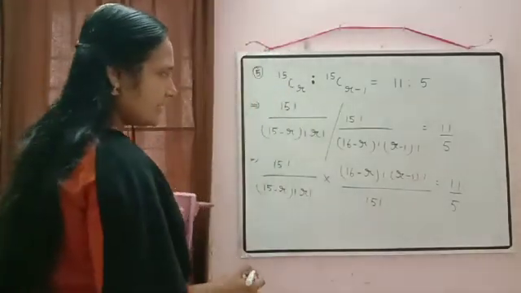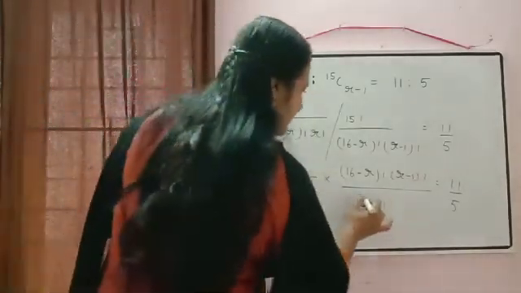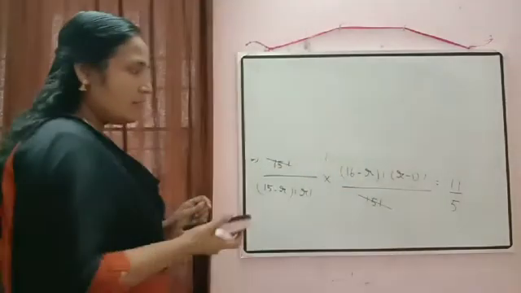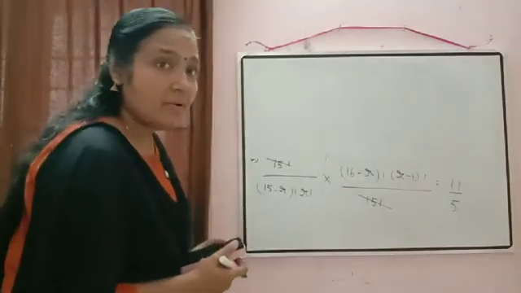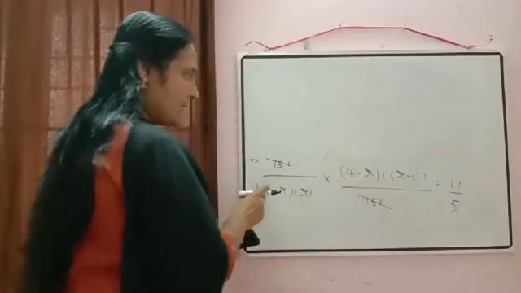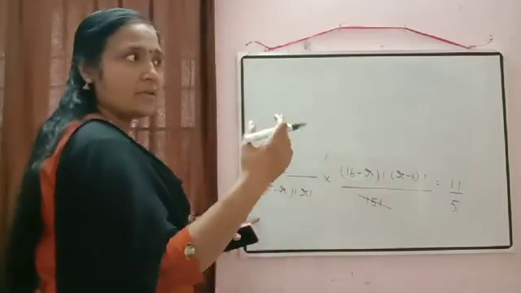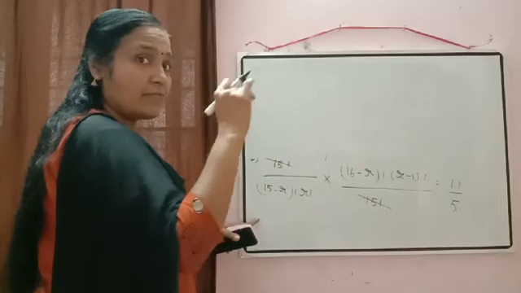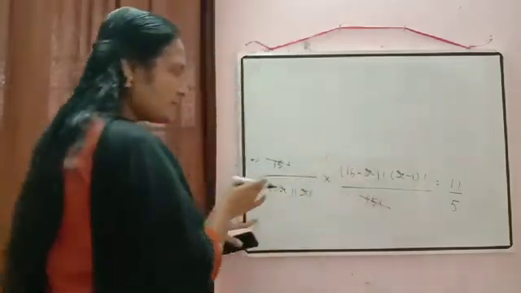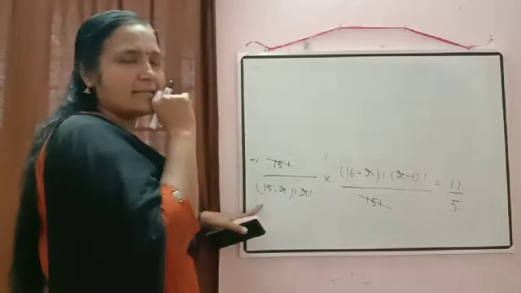Just to check, will anything get cancelled? Yes, here 15 factorial got cancelled. Now we have to cancel that factorial notation. Which number is greater here? To cancel the factorial notation, we subtract 1 from the previous number. Which one is greater, 16 minus R or 15 minus R?